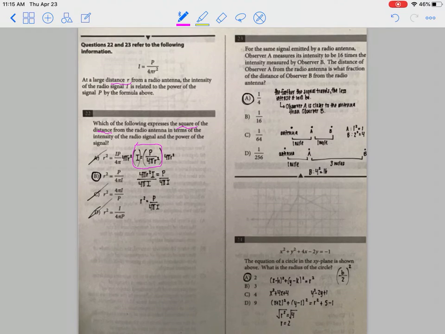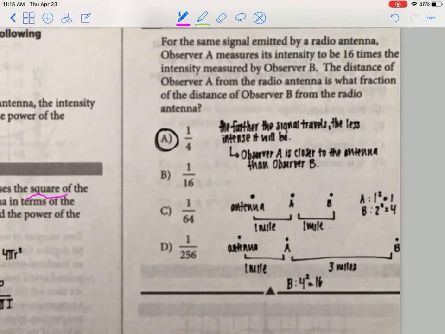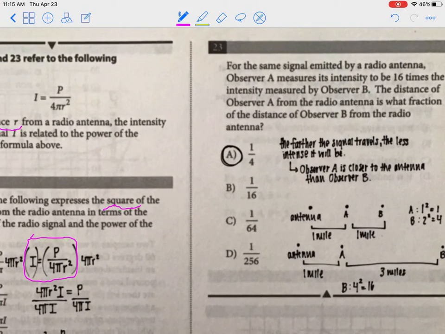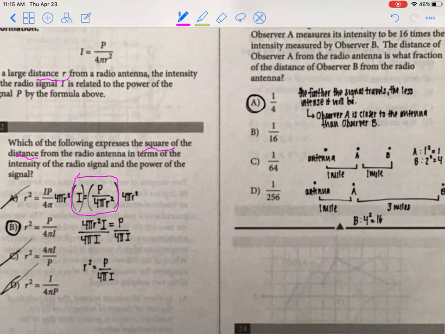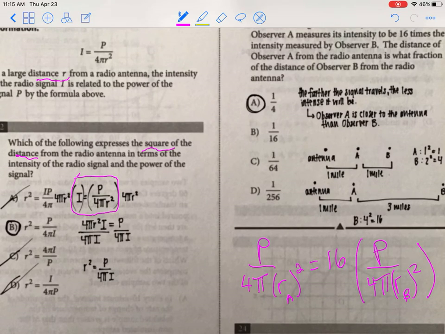For 23, there were a couple people solving it a couple different ways. What I did for 23, basically, is I did take the statement that the 1 P over 4 pi with the r for person A squared was 16 times the second person, which was r sub b squared.